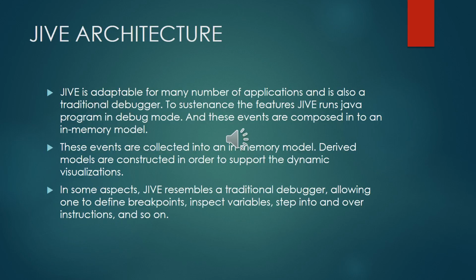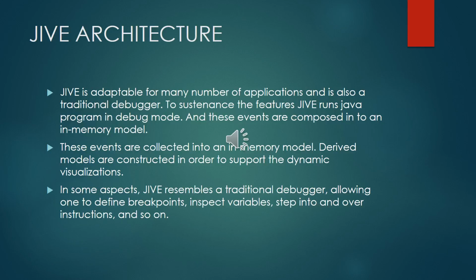Coming to JIVE architecture, JIVE is adaptable for many applications, and it is also a traditional debugger that sustains the features. JIVE runs the Java program in debug mode, and these events are collected into an in-memory model.